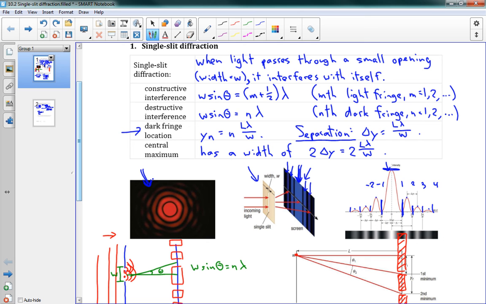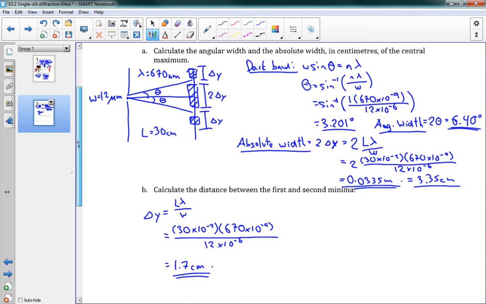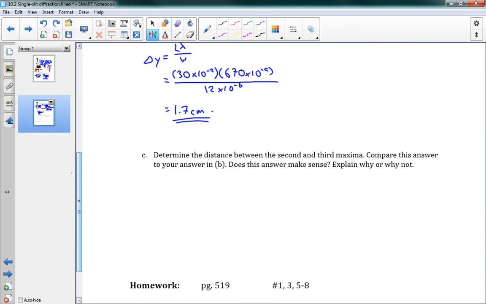Our light fringes, we could be adding half a lambda. We could do all sorts of calculations. But we've already said all of these are equally spaced. We have a single equation for delta y. So if we're going between the second and third maxima, those are one after the other. So we have delta y is L lambda over W. And we already did our calculations for that, 1.7 centimeters.